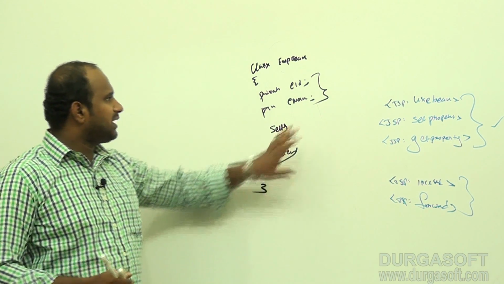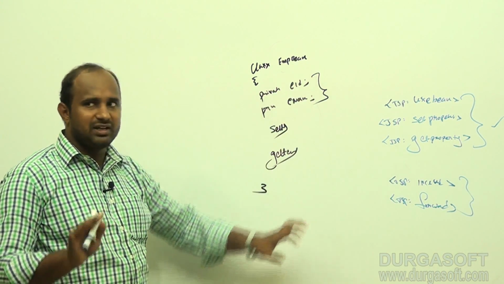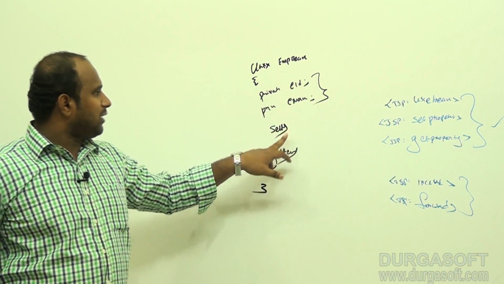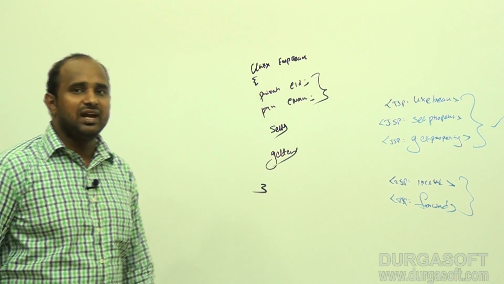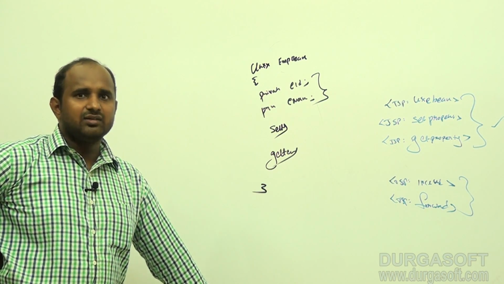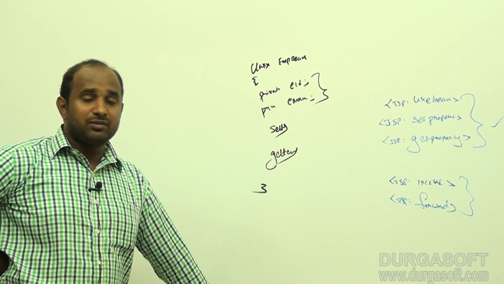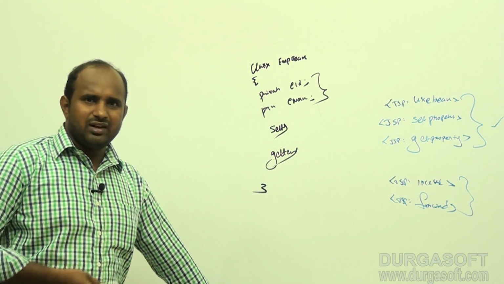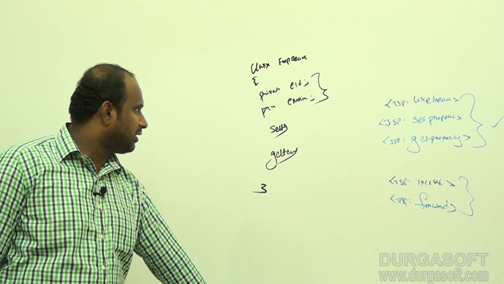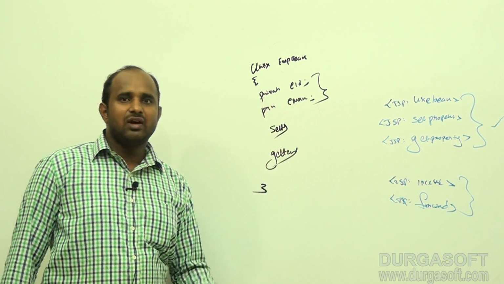How many properties are there in the bean class? We have to write that many setter methods and that many getter methods. So the bean class contains private properties and public setters and getters. What is the purpose of setter methods? We discussed this already in core Java. Setter methods are used to set the values and getter methods are used to get the values from properties.